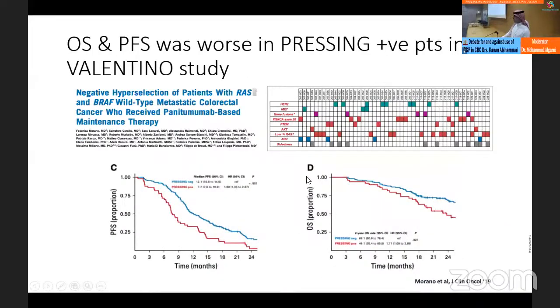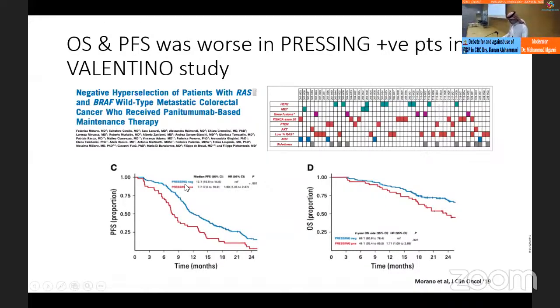You may say that, okay, if we don't give EGFR monoclonal antibodies in the first line, we're going to give it in the second line, and overall survival is going to equate. But that's not the case. So another study done by Murano, I think also in Italy, this was an assessment of Valentino, which looked at panitumumab in RAS and BRAF wild type.